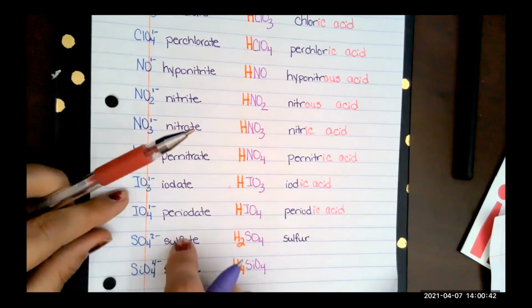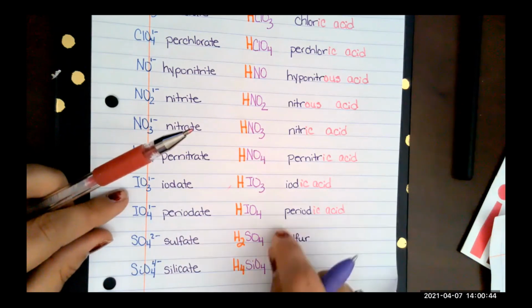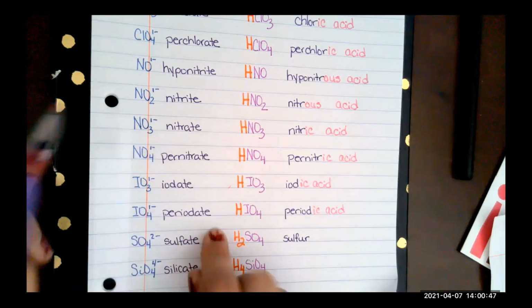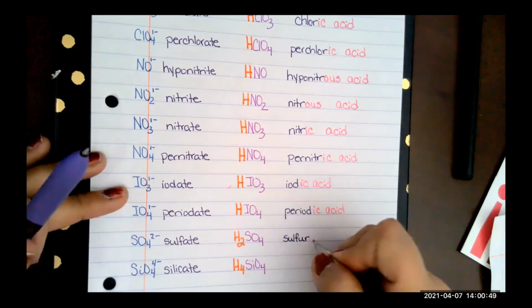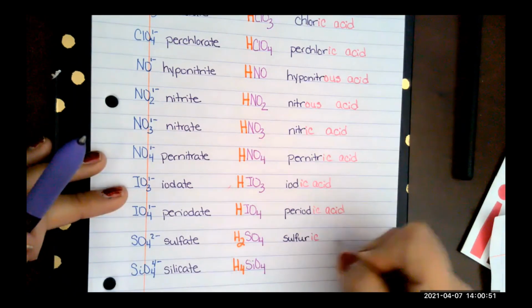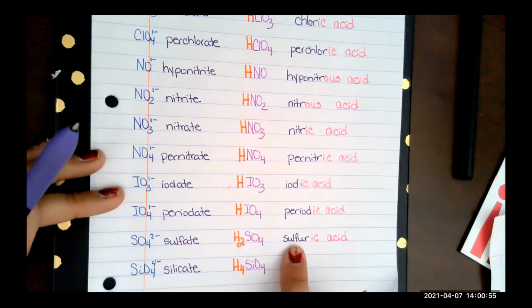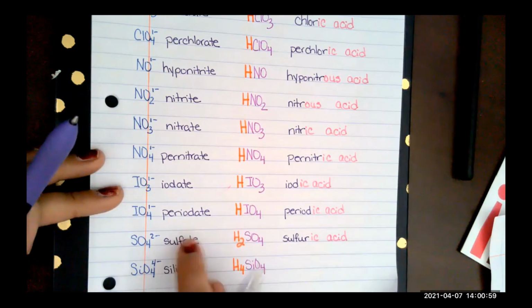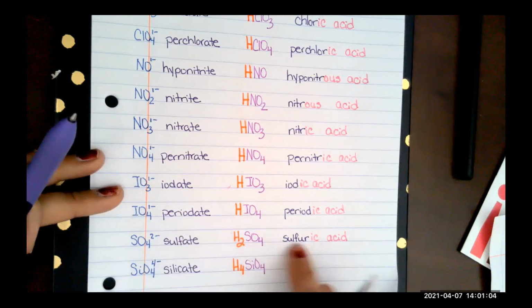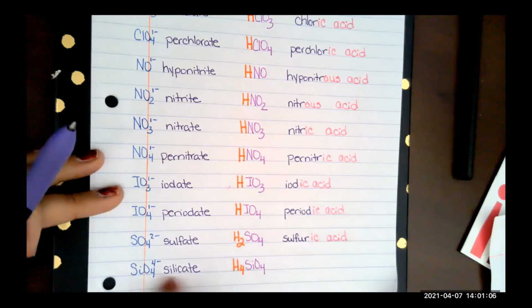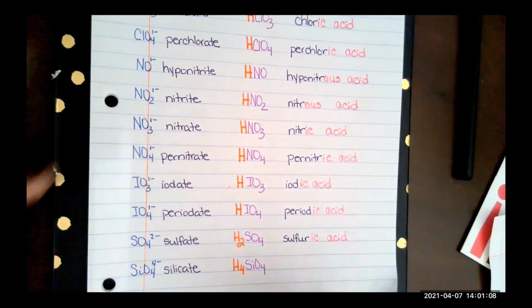Instead of ate, you add ic, so sulfuric, and then you write the word acid. So that's one of those funny ones where you have to make a correction. It's sulfate and phosphate. So sulfate, the root becomes sulfur. It's a funny one.